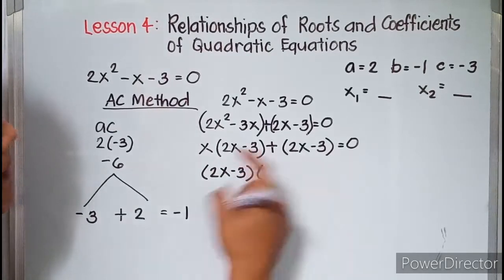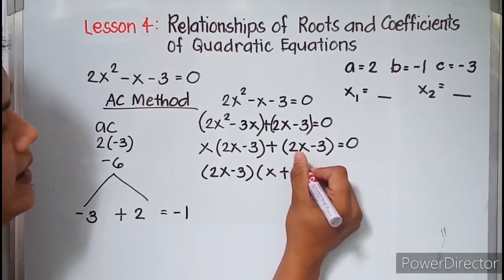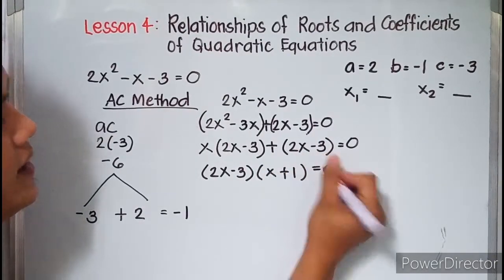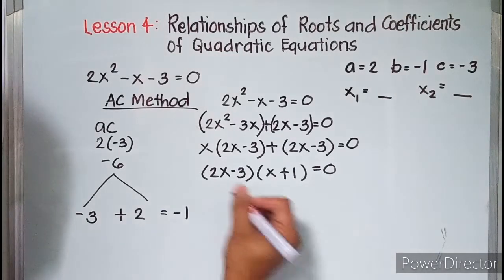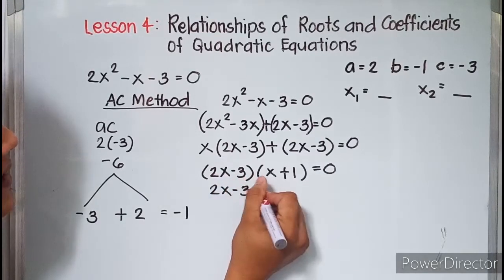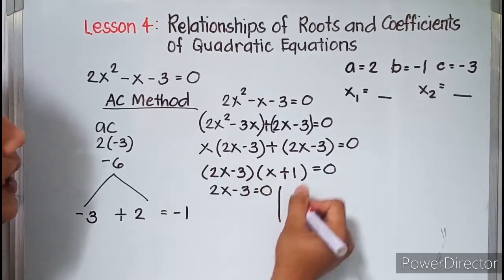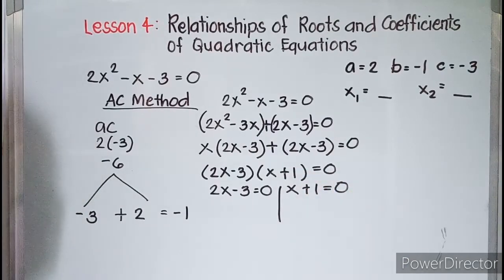Then the remaining will be x plus 1 equals 0. Then, using the zero product property, we'll have 2x minus 3 is equal to 0 and x plus 1 is equal to 0.